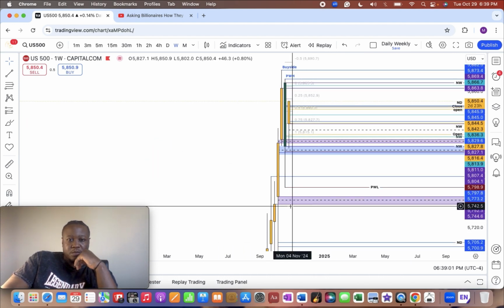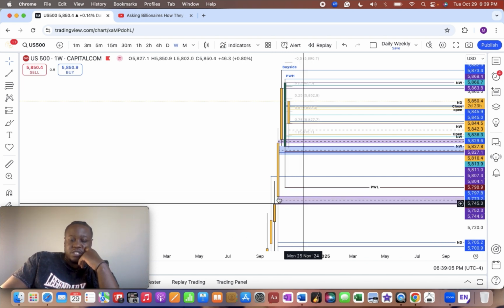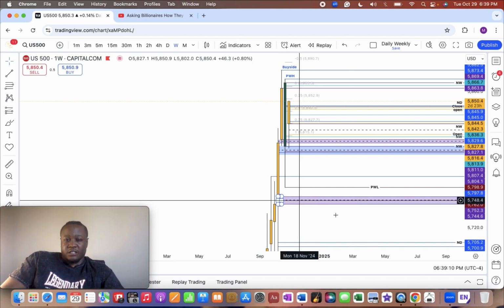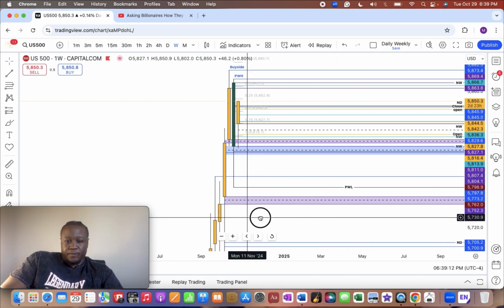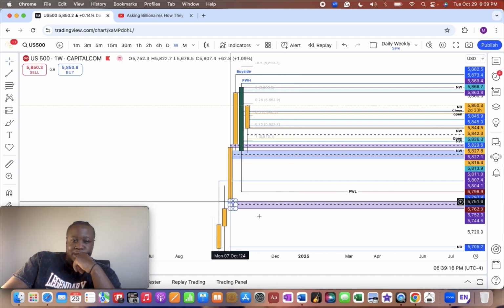So this gap could possibly have been a target if we'd seen lower prices, which is still an area of interest for me, but I just don't see this setup happen just yet.